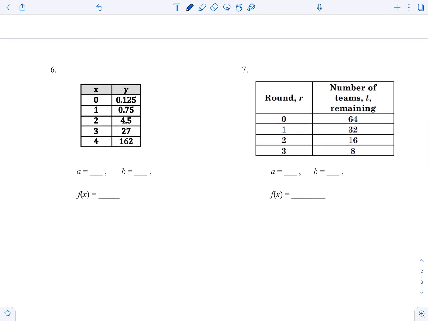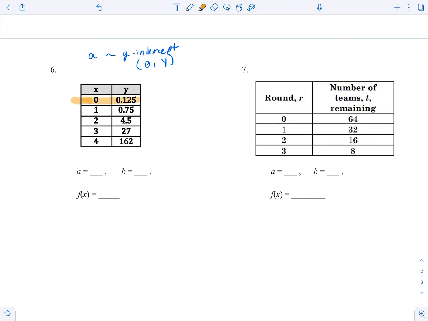So number 6 and 7 should be kind of easy for us because all we're asked to find is A, B, and then to write the equation. Well, we already know that our A is the same as the y-intercept. The intercept is the point where the graph crosses the y-axis, or the value of y when x is 0.